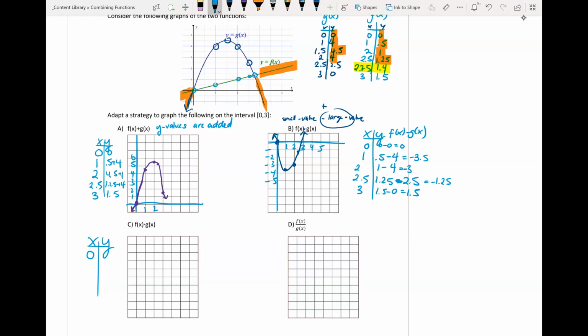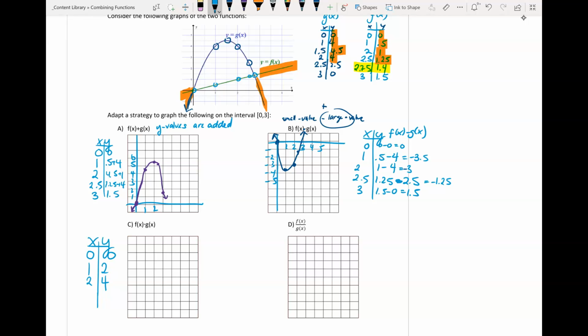So x is 0. We have 0 times 0, which is 0. And then for x equals 1, we have 4 times 0.5, which is 2. Then the next one, for 2, we have 4 times 1, which is 4.